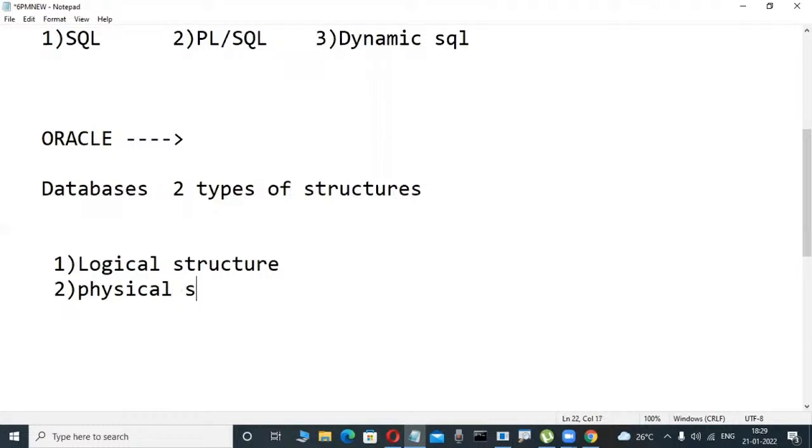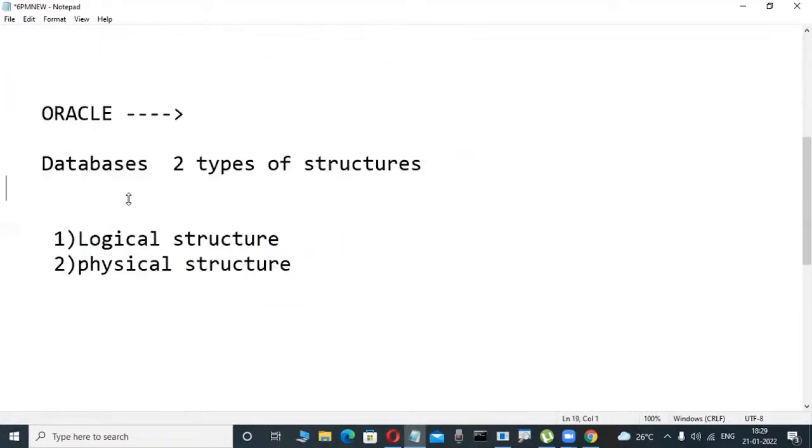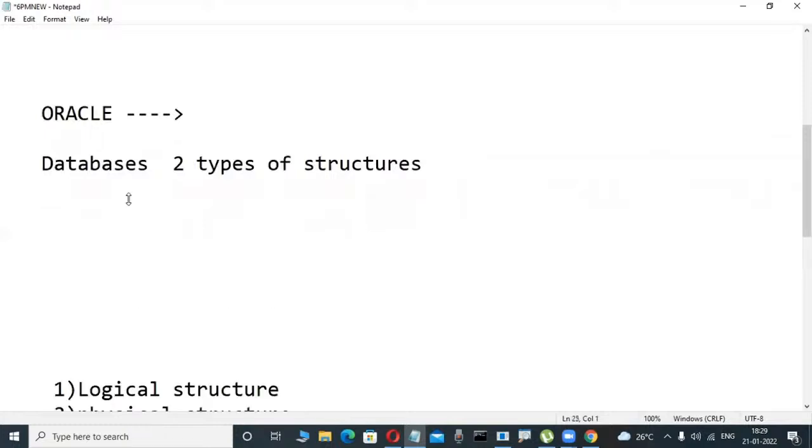Before we tell what is the logical and what is the physical structure in these database software, just look at the database definition in books. So many fellows write it like this.